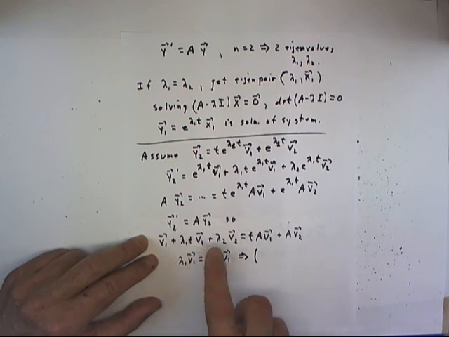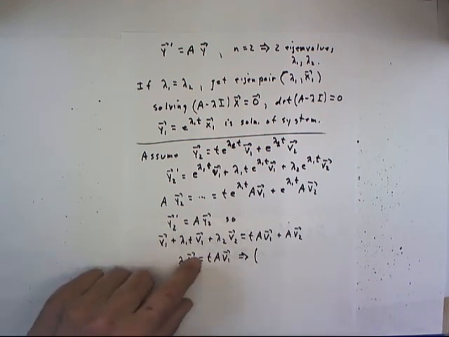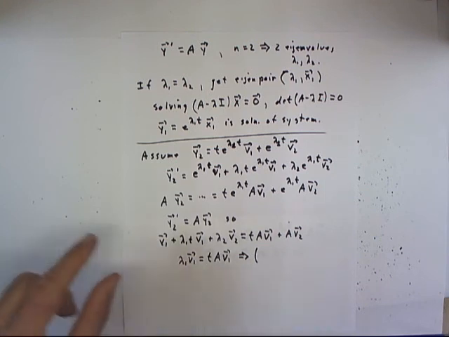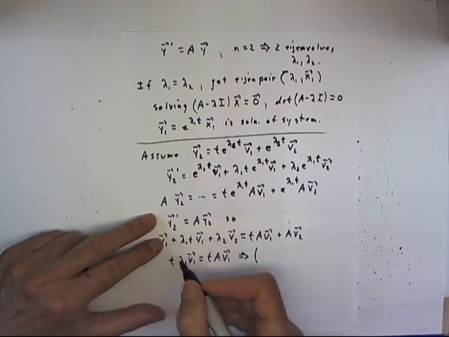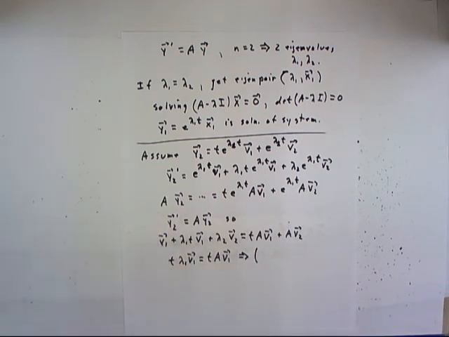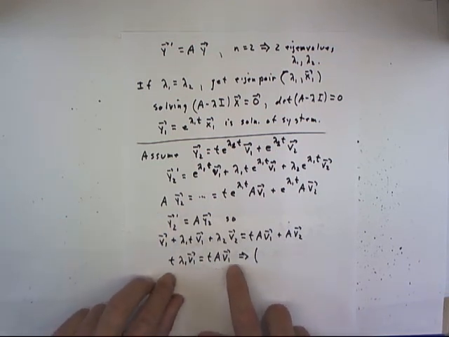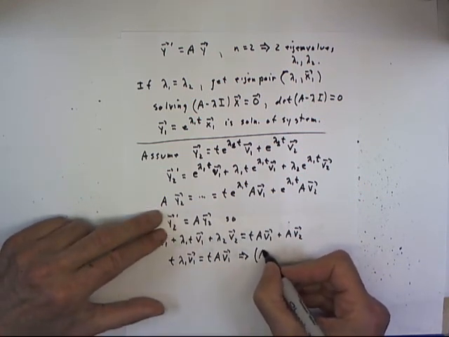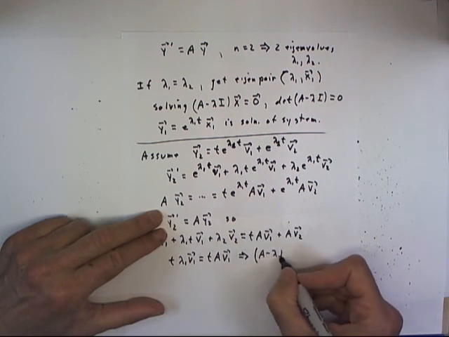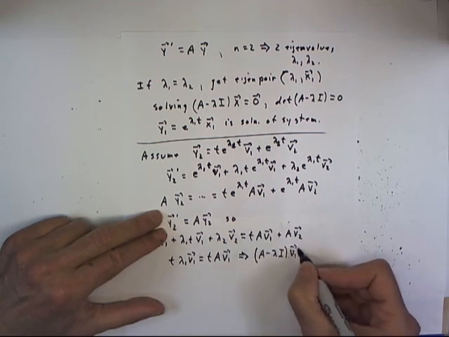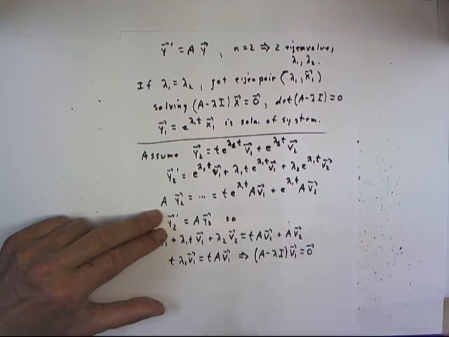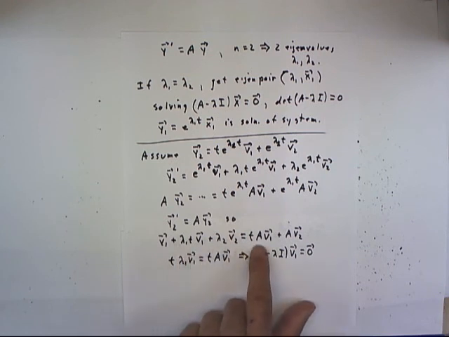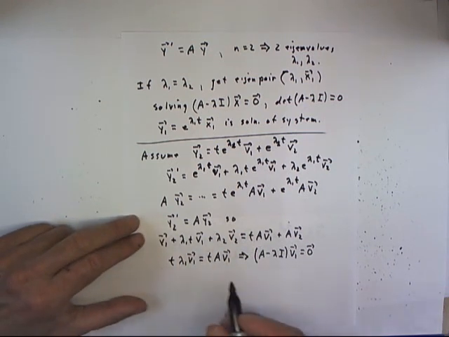Lambda 1 t v1 has a t on it. I wrote the t here. On second thought, I'll write the t here. It's out of order, but that won't hurt anything. If we divide by t and bring everything to the same side, this becomes A minus lambda 1 I times v1 equals 0.